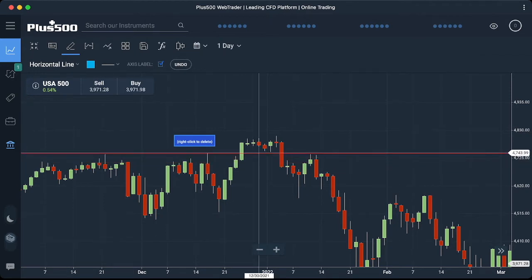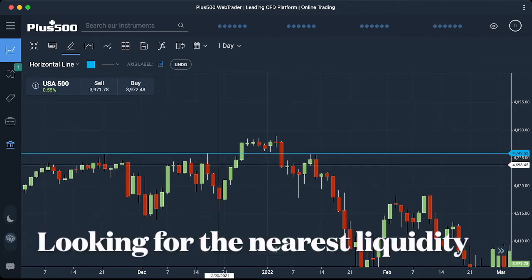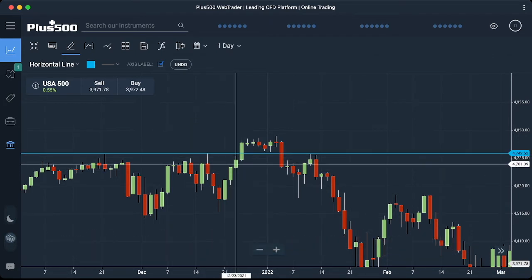So when we are here, our daily bias is to the upside, as this liquidity is the nearest to where we are at that point. It means that when the day starts, we are looking for buy setups only to reach this daily bias.